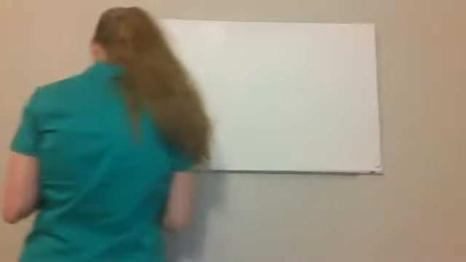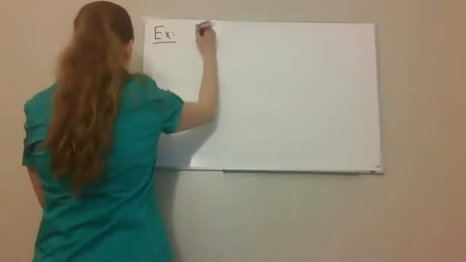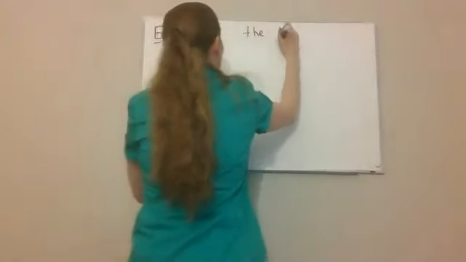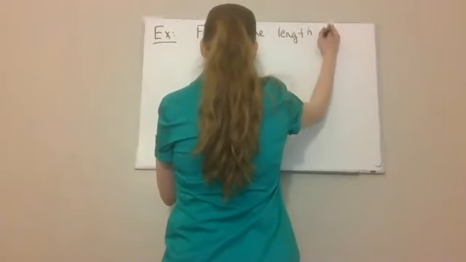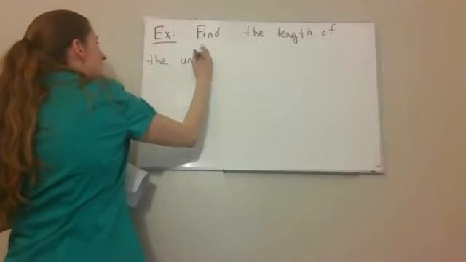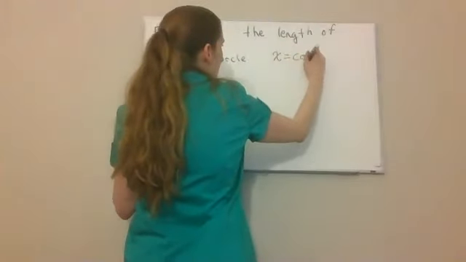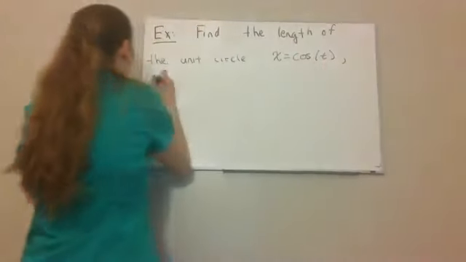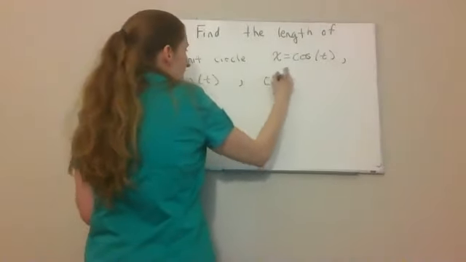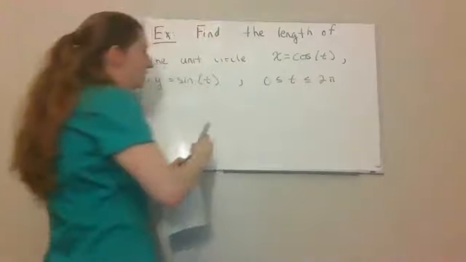So let's do an example. Find the length of the unit circle given by x equals cosine of t, y equals sine of t, where t is between 0 and 2 pi.